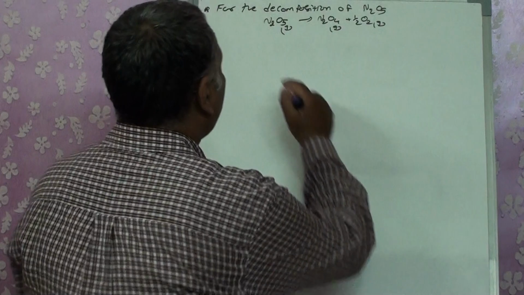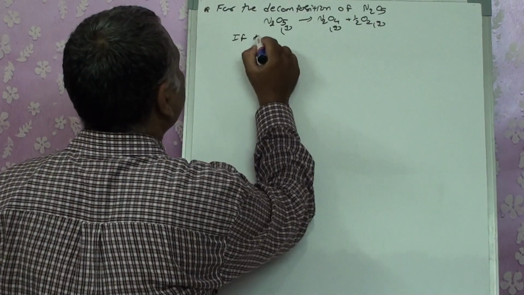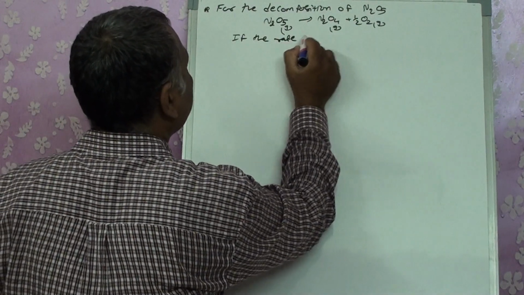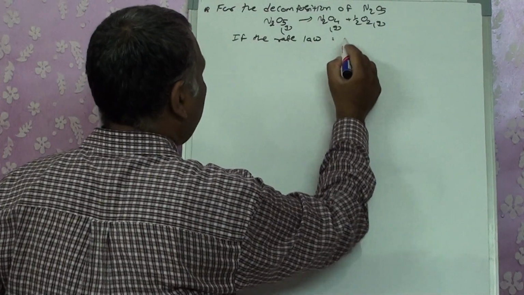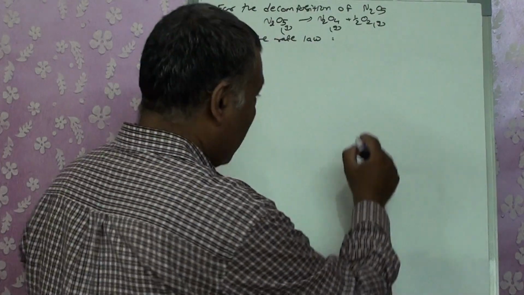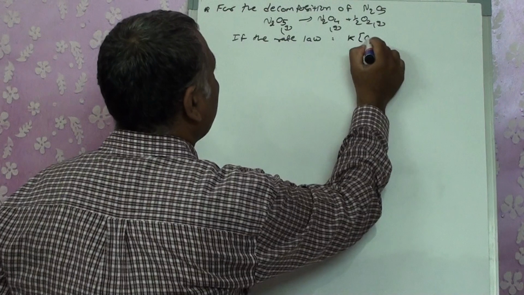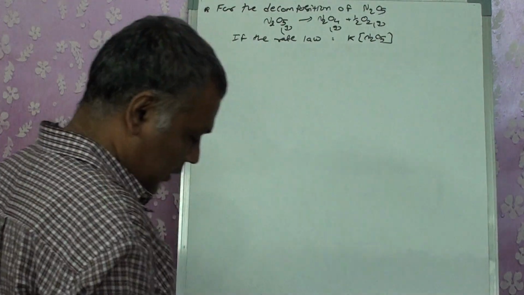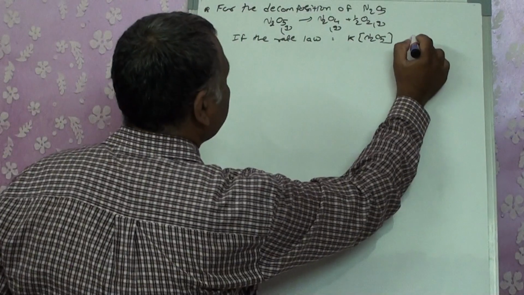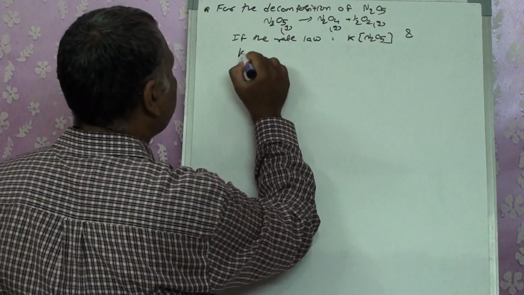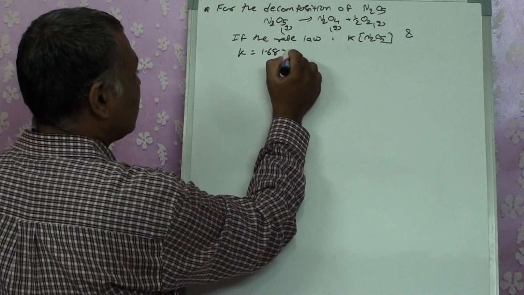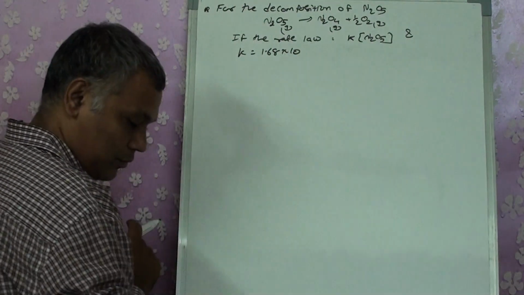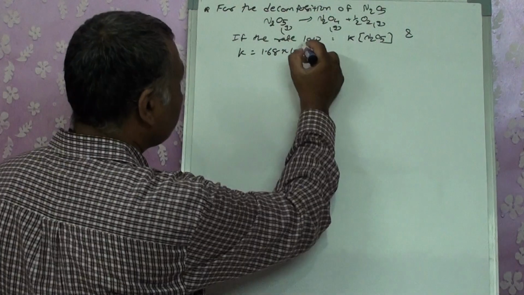If the rate law is rate equals k into N2O5, and k is 1.68 into 10 raised to minus 2 second inverse.